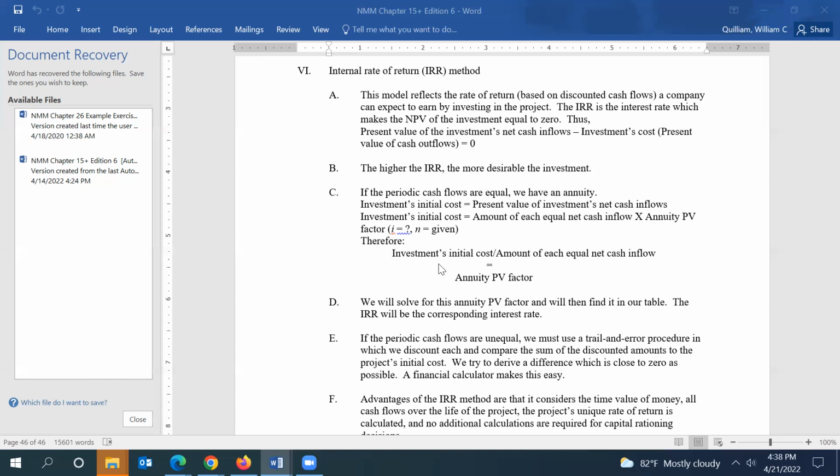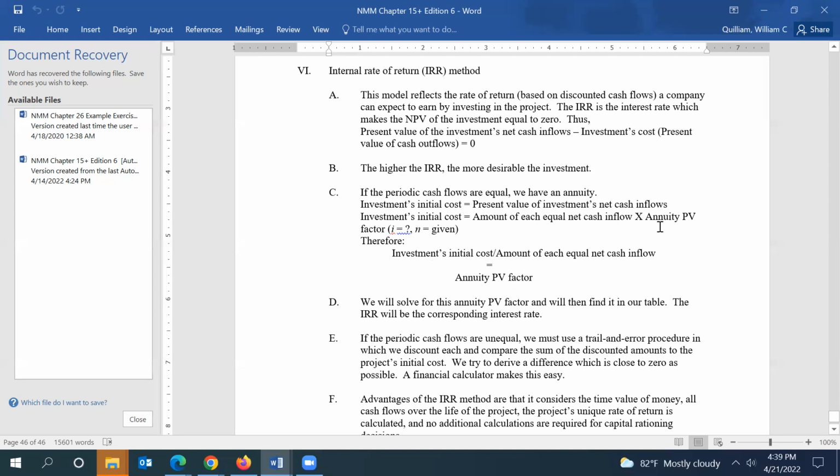Now, therefore, if I look here, if I take the amount of each equal net cash inflow and switch it from the right-hand side to the left-hand side, that means I'm going to divide by it. Because on the left-hand side, I've already got the investment's initial cost. Now I divide by the amount of each equal net cash inflow.